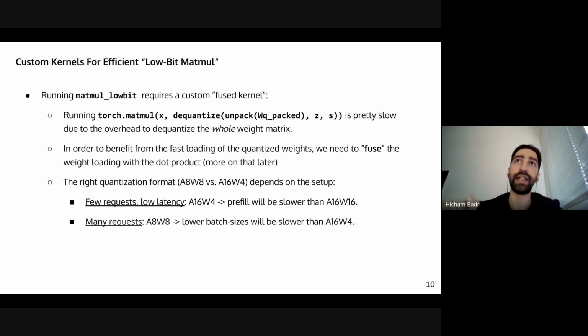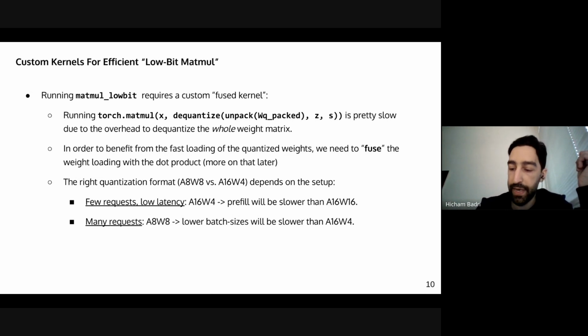And we are actually going to dequantize and do the dot product at the block level, not dequantize the whole matrix. This is what we are going to talk about later in more detail, so don't worry about it. Just keep in mind the message of this slide: we don't dequantize the whole weights and then call torch matmul on the whole dequantized weights. We do it with chunks, and the chunks are running in parallel.